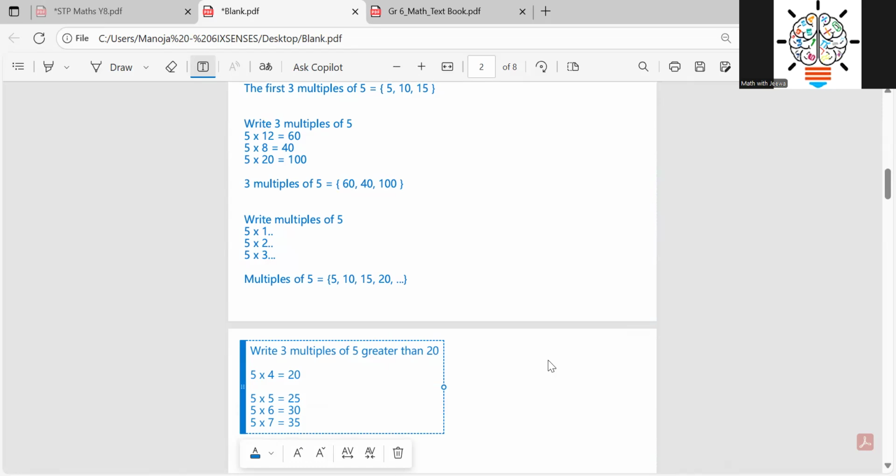Again, this is not according to the order. You can pick any 3 multiples. If they have said write the first 3 multiples of 5 greater than 20, then it is 25, 30, and 35, children. But they have not mentioned something like that. They have just asked us to write 3 multiples of 5 greater than 20. You can pick anything.